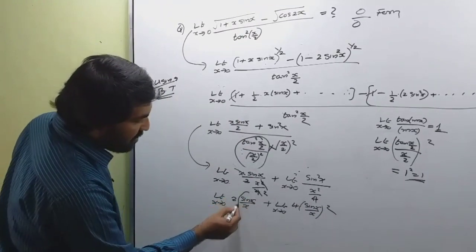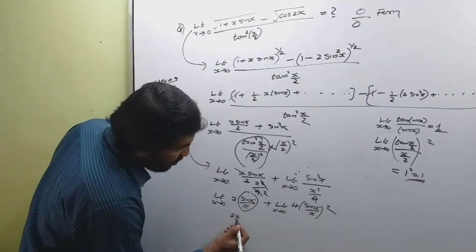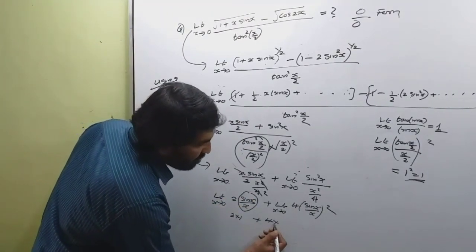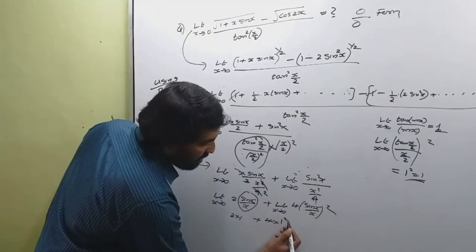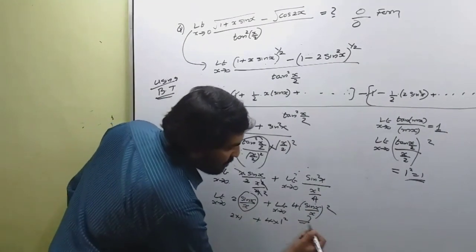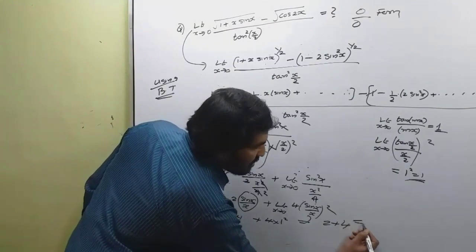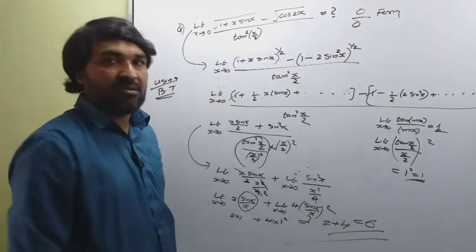The value of this limit is equal to 1. So 2 into 1 plus 4 into 1 square, that is 2 plus 4, equal to 6. So 6 is the answer.